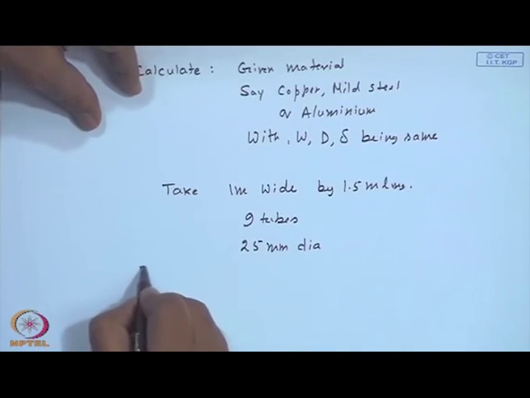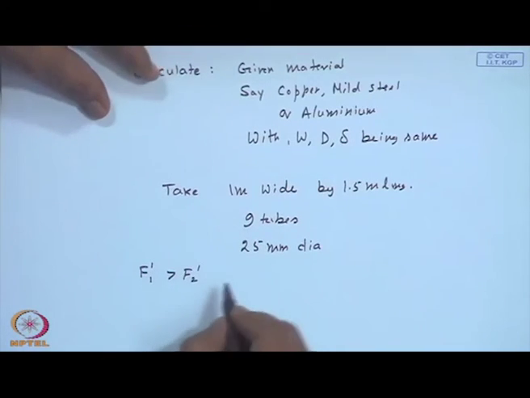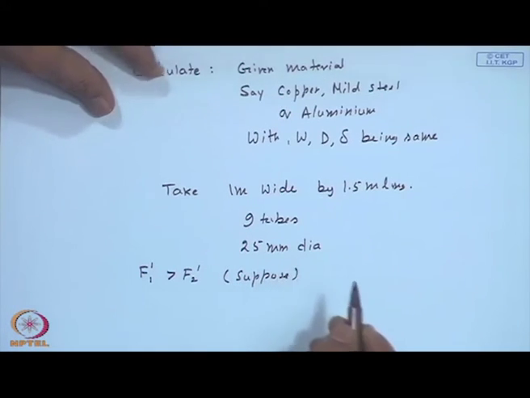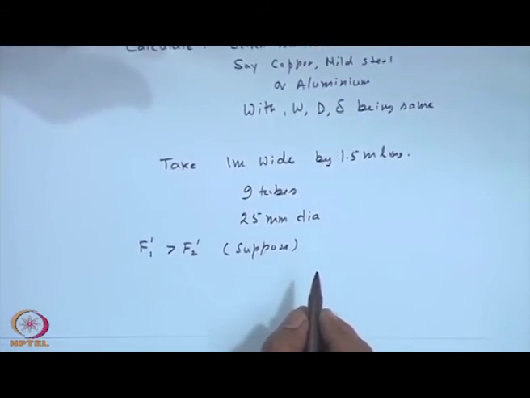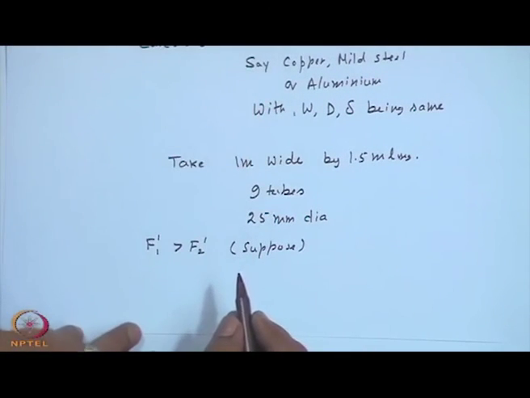So if you find, for example, that F dash of configuration 1 is more than F dash of configuration 2, suppose, your UL is same, K is same, delta is same, everything is same. Why is this so? Now, in this analysis we find which geometry is better.